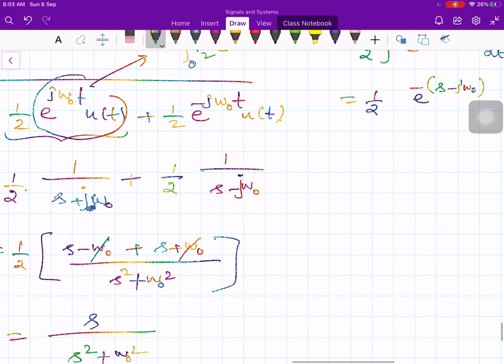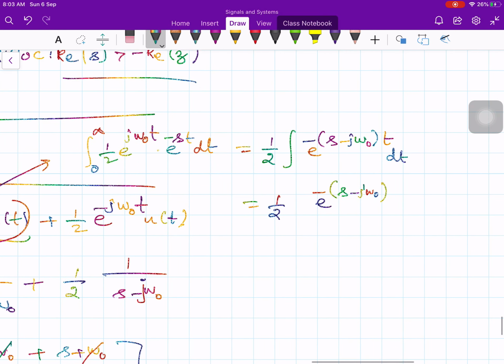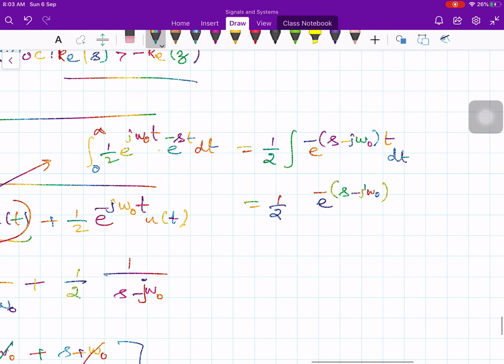Okay, so then substitute the limit 0 to infinity. So in order to converge, this factor has to be positive. So s minus j omega naught must be greater than 0.